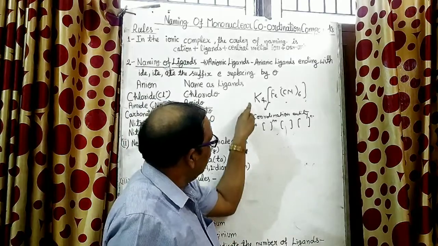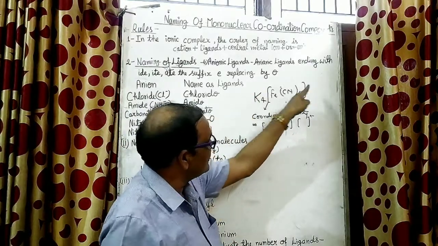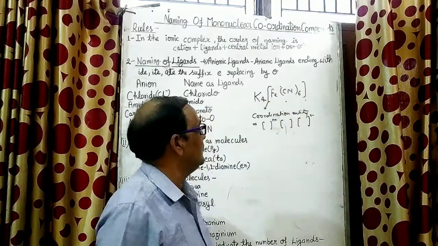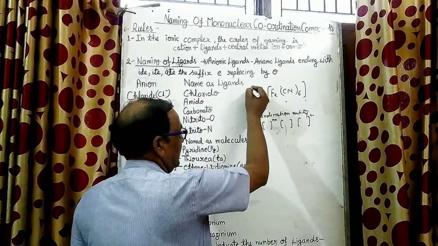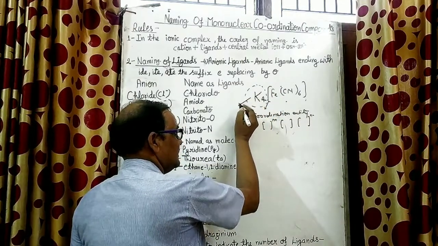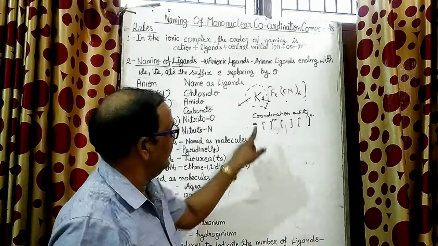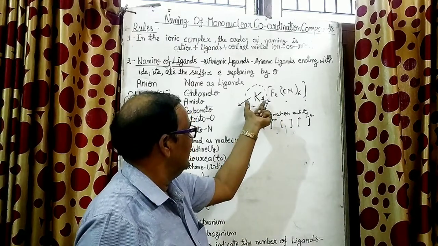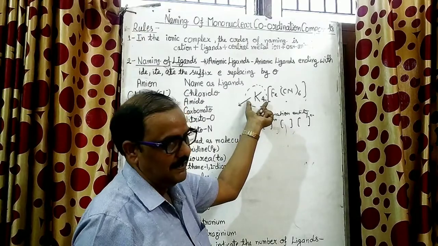Okay? And outside the coordination sphere, either this side or this side, it is ionizable in nature, and this is known as the counter ion. It means outside the coordination sphere, there is a presence of counter ion.